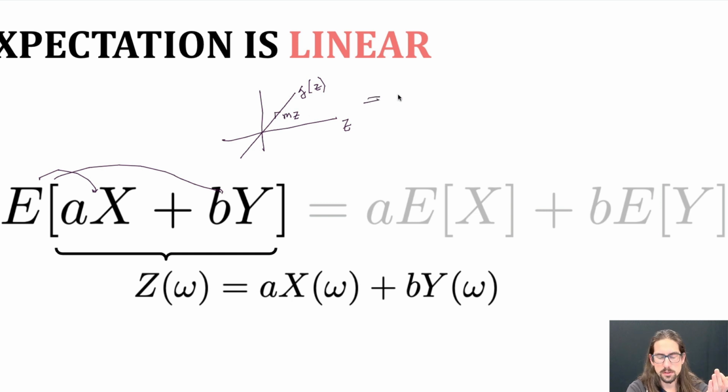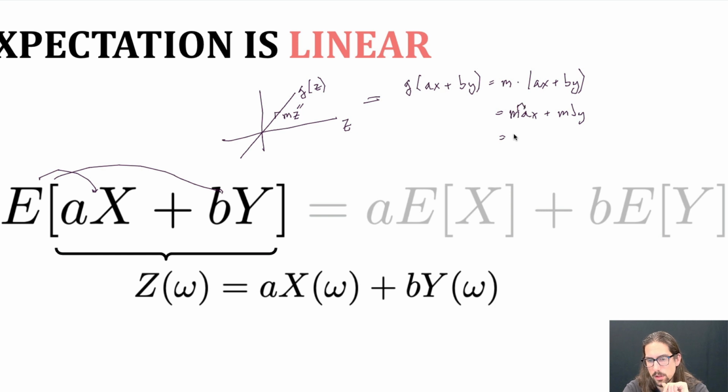And what this means is that if you put into g a x plus b y, that's just m times (a x plus b y), which is the same as m a x plus m b y, which is the same as, I'm just going to switch the order of these two, a times m x plus b times m y, which you will recognize as a g of x plus b g of y.